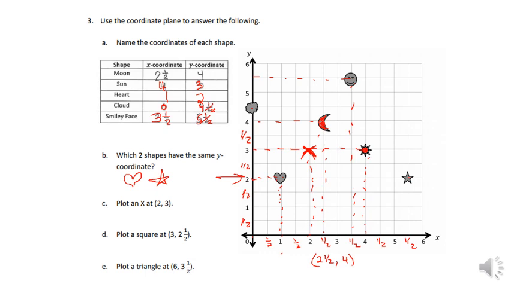So once again, we're going to come across to 3, and I'm coming up 2, and this should be a square at this point, right here. The triangle is going to go at 6, which is all the way at the end of it, and coming up 3 1/2. So our triangle is going to be right there for 6, 3 1/2.